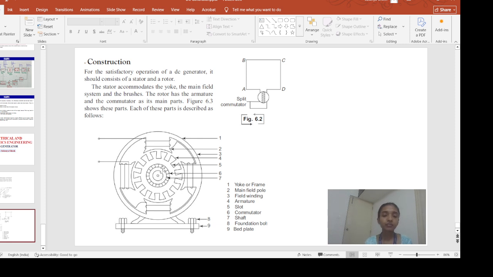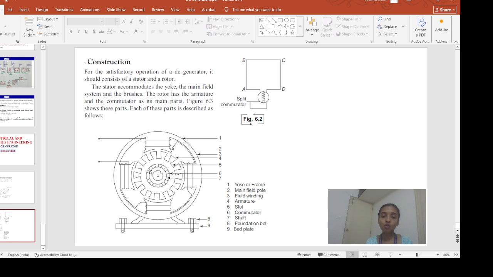Now, this commutator connects the armature winding or armature conductor to some external circuit through some carbon or graphite brushes. Okay.